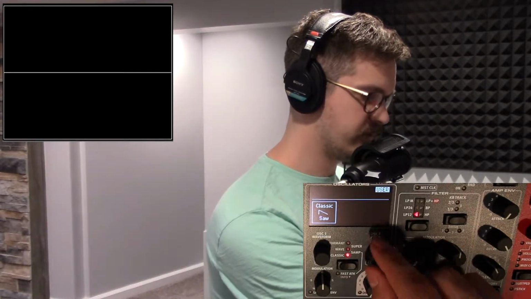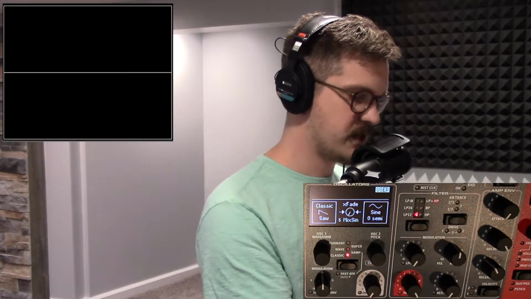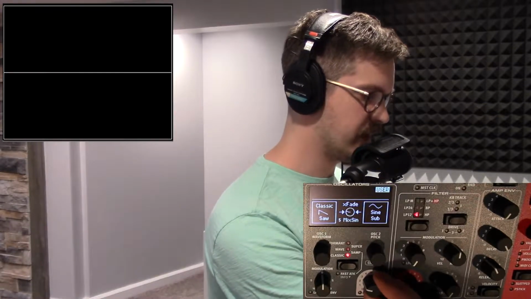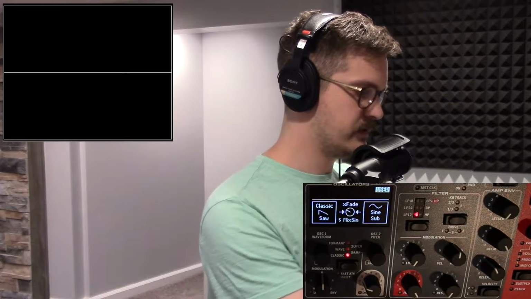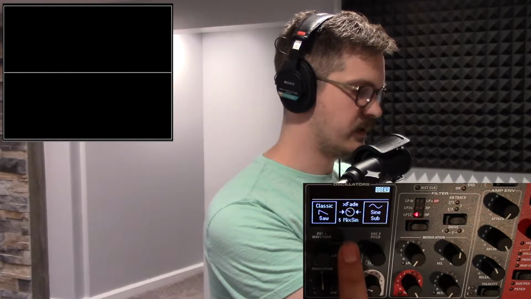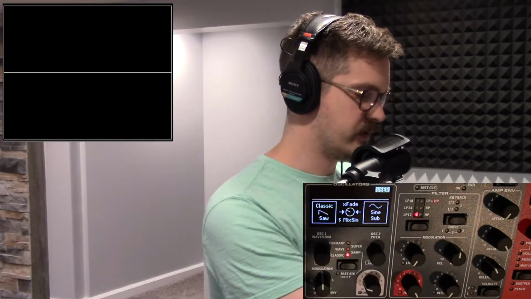It also gets more fun when you start to, we'll go over this more in the future, but when you start to add in a second waveform. So right now we have a saw wave going into a sine, and they're crossfaded at about 80% saw, 20% sine.